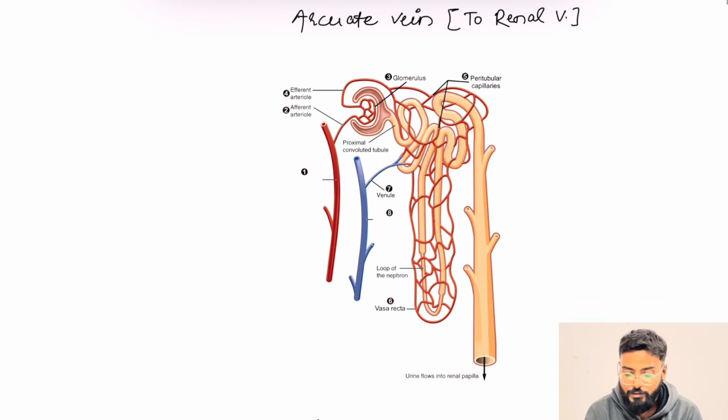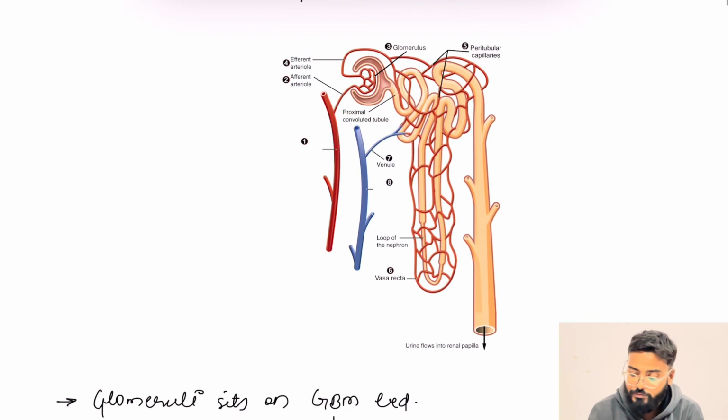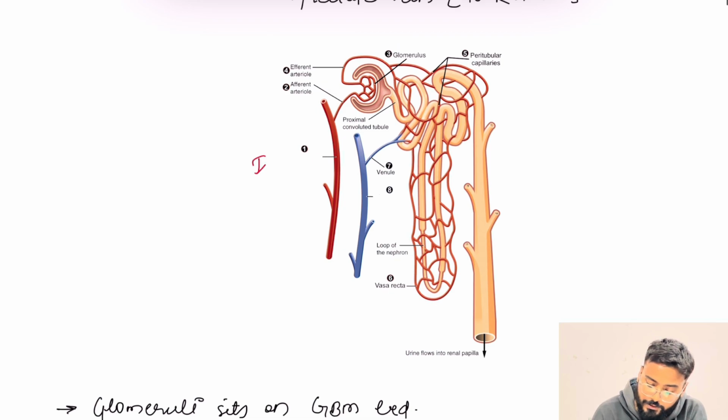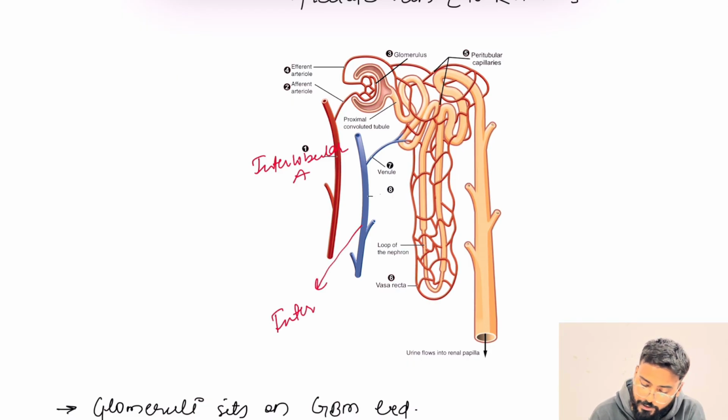Now see, this is the structure, and by this you can have a better understanding. This over here is your interlobular artery, and this is your interlobular vein.